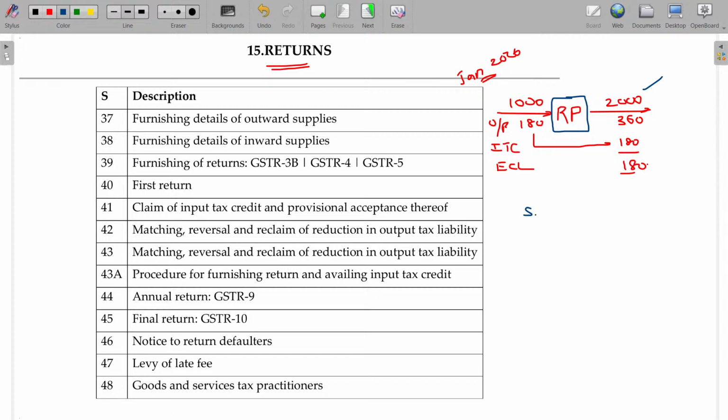Under section 37, the RP should update the details regarding this 2000 and the GST paid on that, 360, on or before the 10th of February, in GSTR 1. First work, related to this.